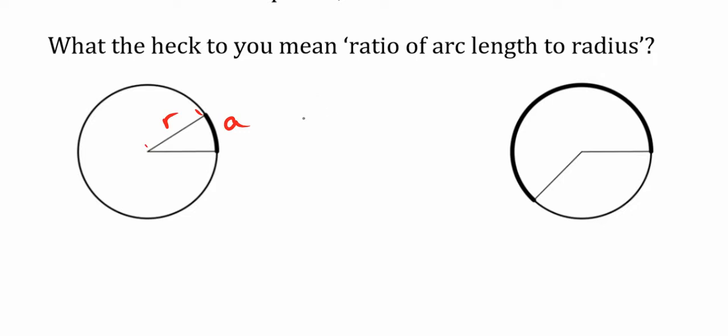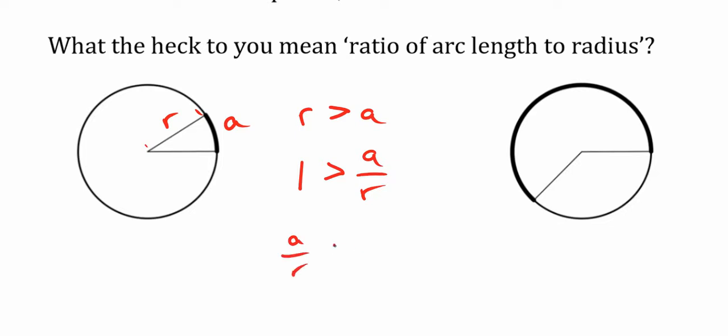So in this case, I would say R is greater than A. Would you agree with that? Just by inspection, right? So if I divide both sides by R, I end up getting 1 is greater than A over R. Or I sort of did that backwards.